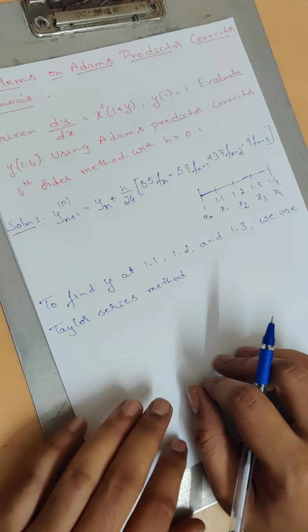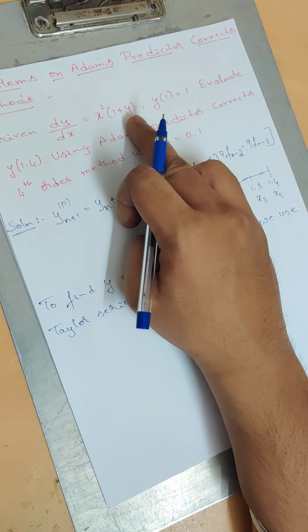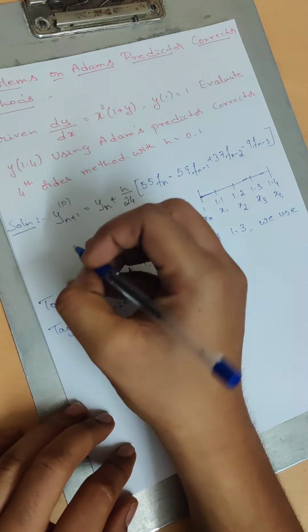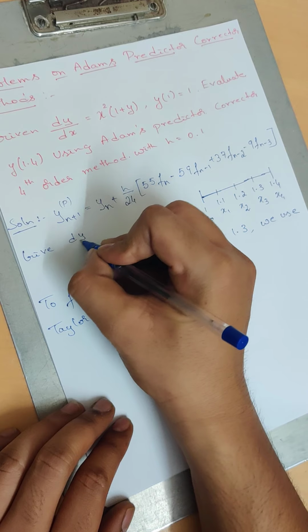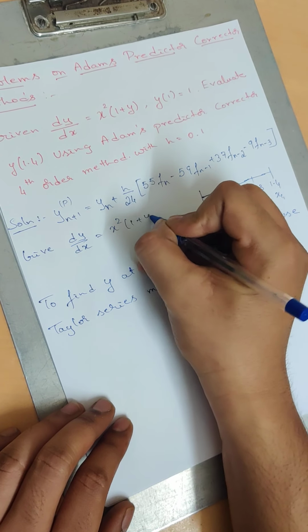So we know dy by dx is equal to x square into 1 plus y.